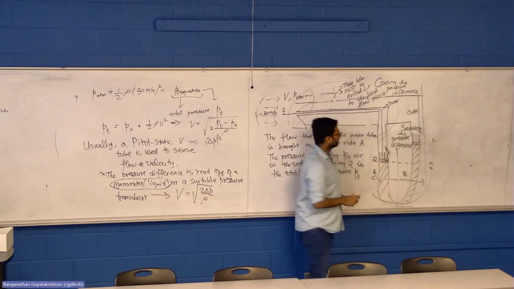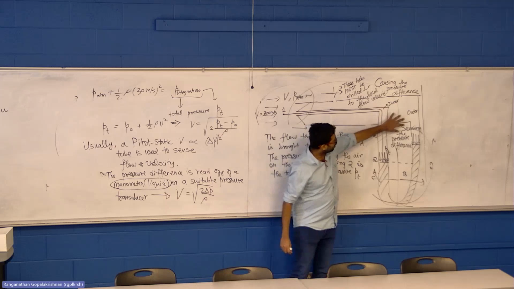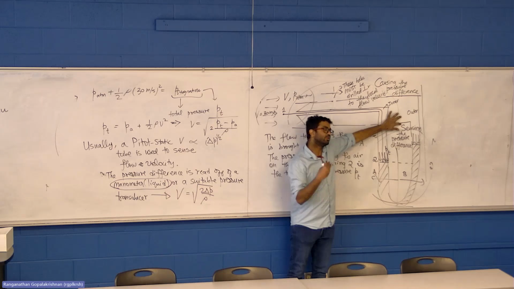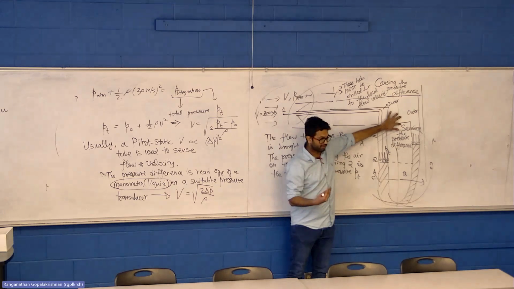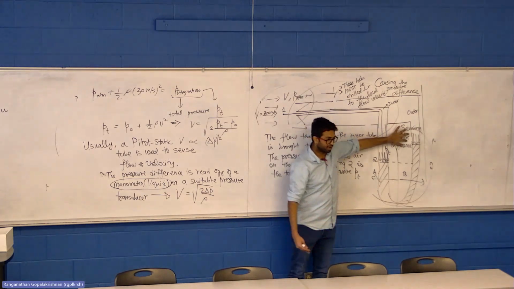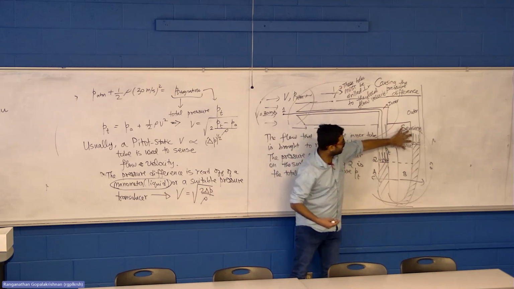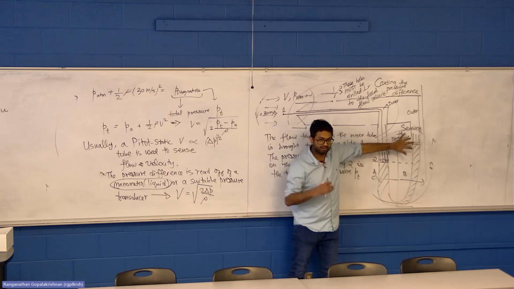If you want to ensure that the outer doesn't have any contribution due to bulk motion, you have to have it perpendicular. So what will happen if you don't have it perpendicular? It means there will be some contribution of the bulk motion here, which means your liquid level will be lower or higher than ideal.